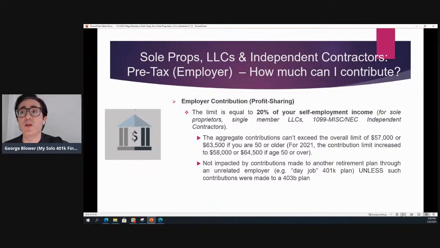Unlike the employee contributions, where you consider employee contributions that you make to another plan, for employer contributions the limit is at the employer level. So you don't worry about contributions made to another plan. The one exception is if those contributions were made to a 403B plan. In that case, you do need to consider the contributions made to the 403B plan to see if you've met the overall limit, the $57,000 or the $58,000 limit, for example.